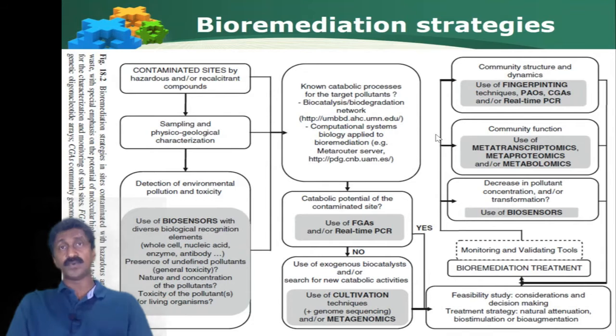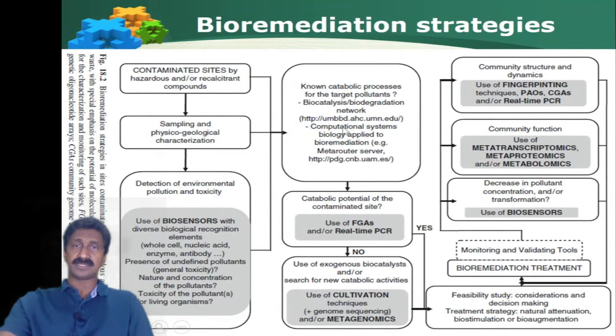So if the pollutant can be removed, or if it can be treated using an existing catabolic pathway, you have to identify that pathway. You can look into the available biocatalytic or biodegradation pathways. There are some sites or databases in which you can look for such biocatalytic or biodegradation pathways or networks available.